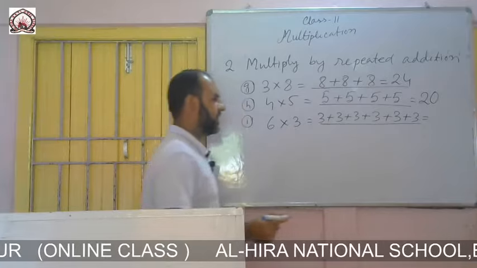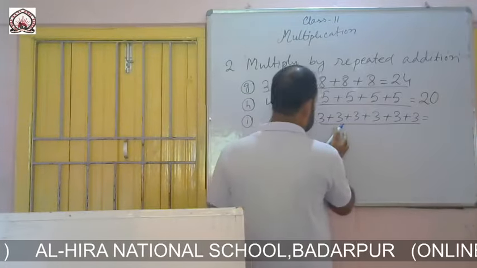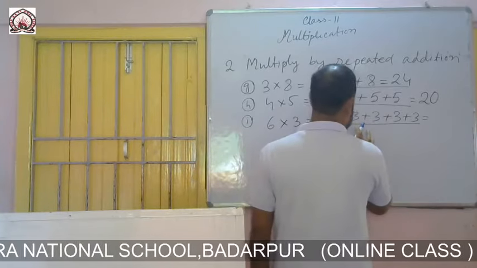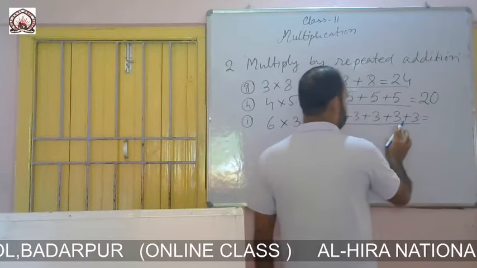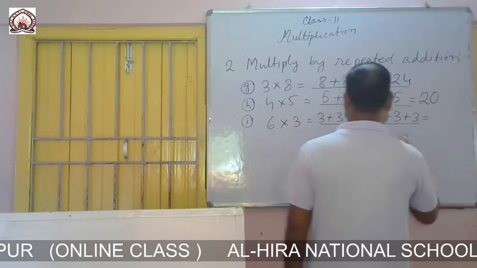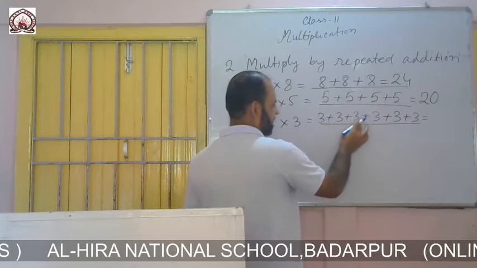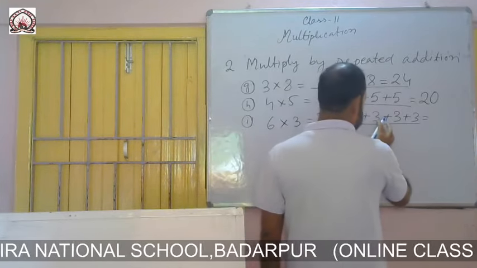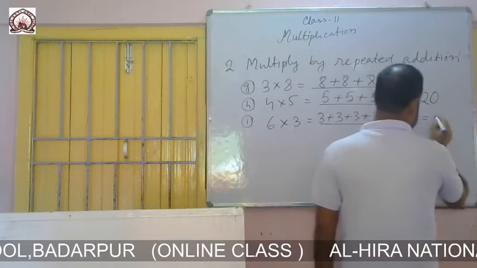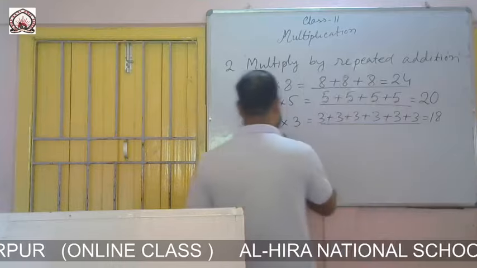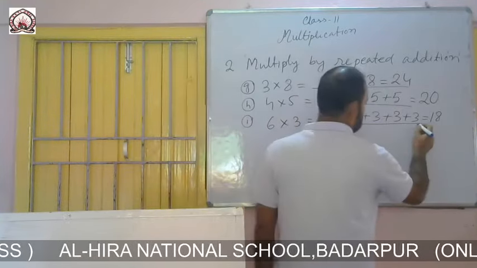So 3 plus 3 is equal to 6. 6 plus 3 is 9. 9 plus 3 is 12. 12 plus 3 is 15 and 15 plus 3 is 18. So here 6 3s are 18.